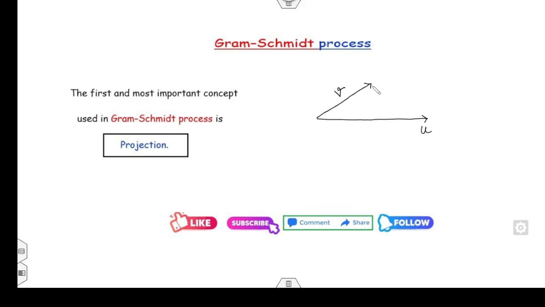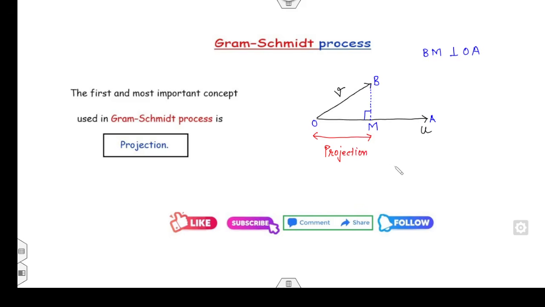Then you can find the perpendicular projection. Let's say this vector is b, this is o, and this is m. Then bm is perpendicular to this vector oa, and om is called the projection.